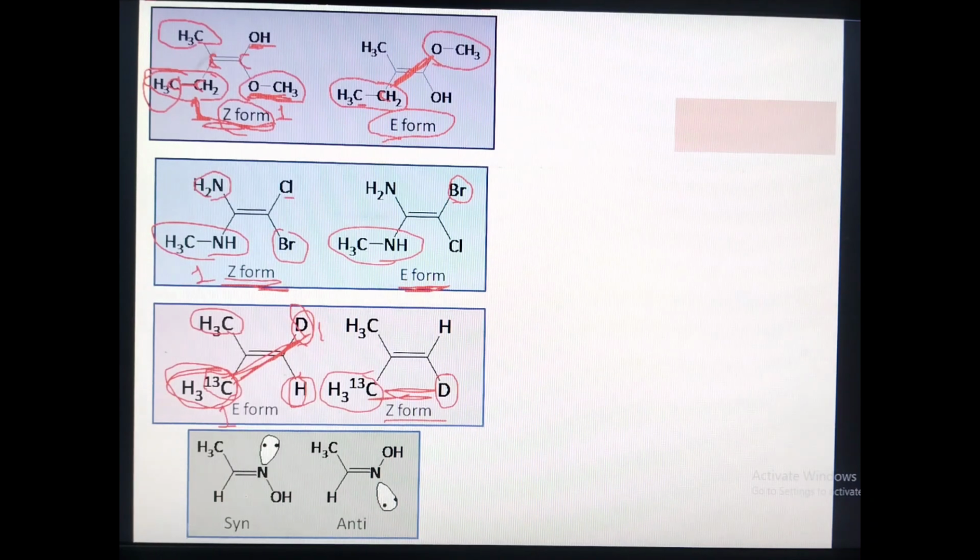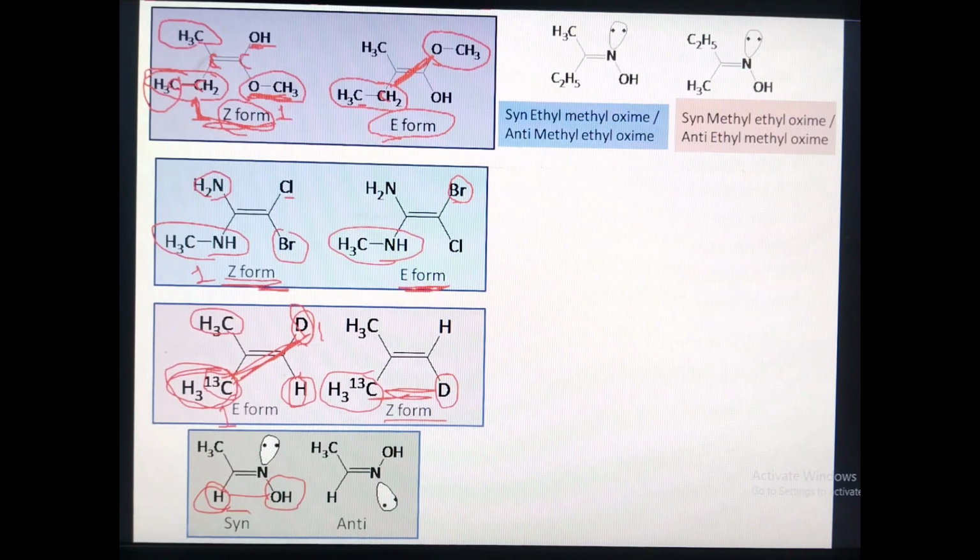Next example, oxime. When you consider the oximes, it depends upon the hydrogen atom. When the hydrogen and the OH are on the same side, you have to give the name as syn. And when the hydrogen and the OH are on the opposite side, then we have to give anti.